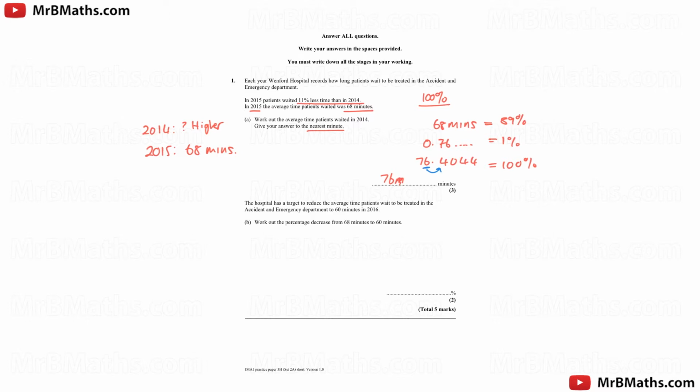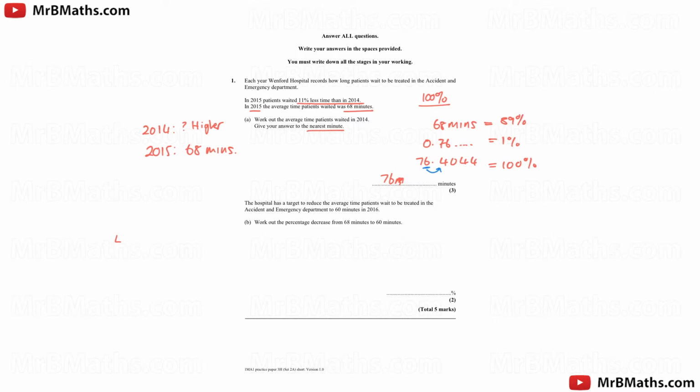Okay, so part B. The hospital had a target to reduce the average time patients wait to be treated in the accident emergency department to 60 minutes in 2016. Work out the percentage decrease from 68 minutes to 60 minutes. So we've got 2014 now.